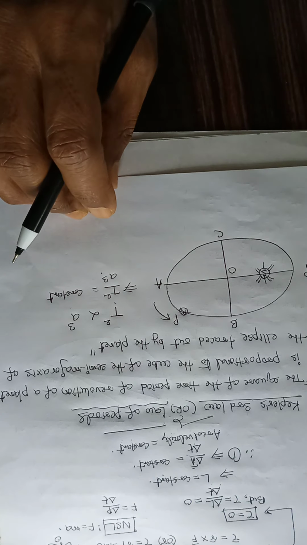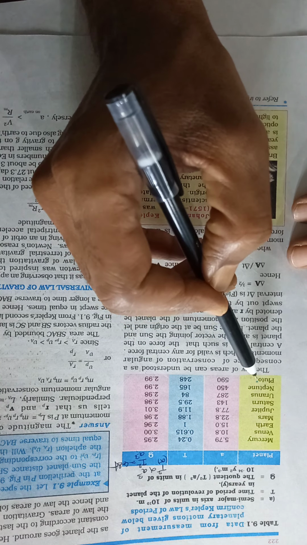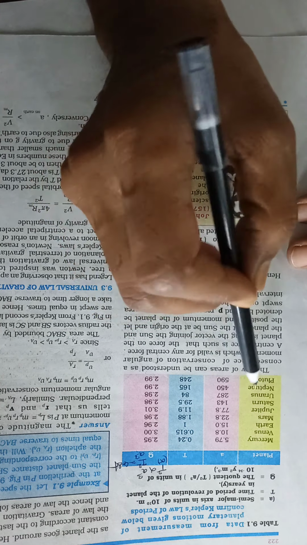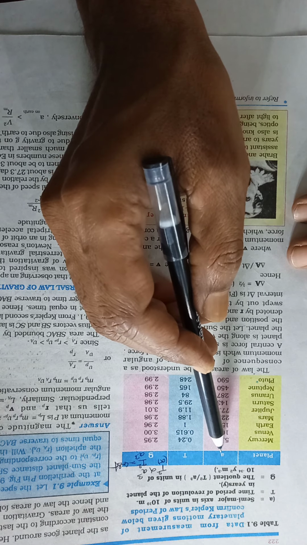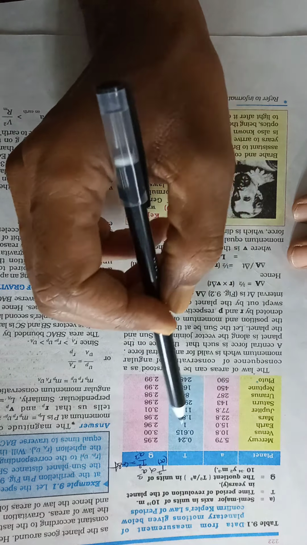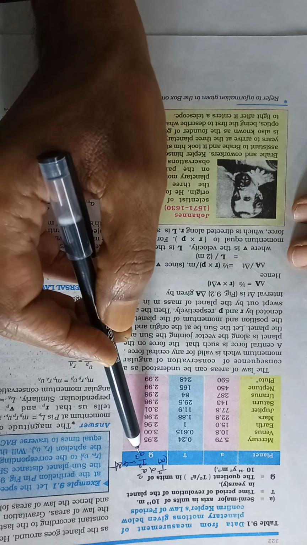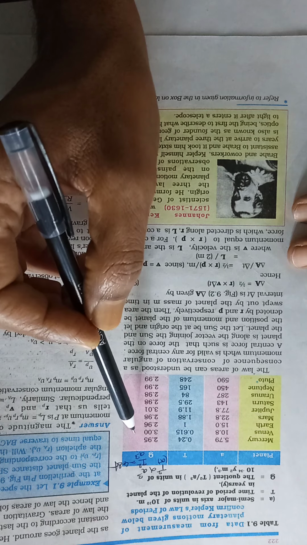Let us see. Now look at the table 9.1. 9 planets are given here. In the second column, A value, semi-major axis value is given. In the third column, time period is given. And in the fourth column, the ratio between T square and A cube is taken.